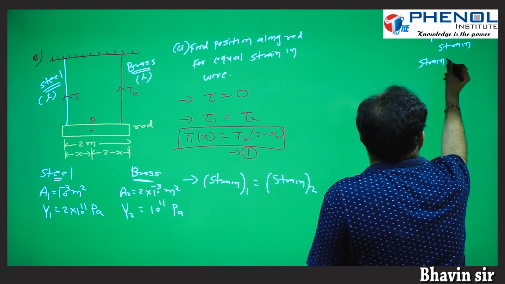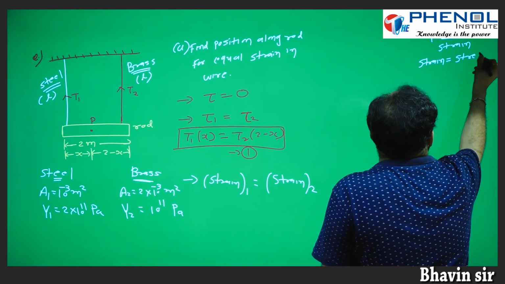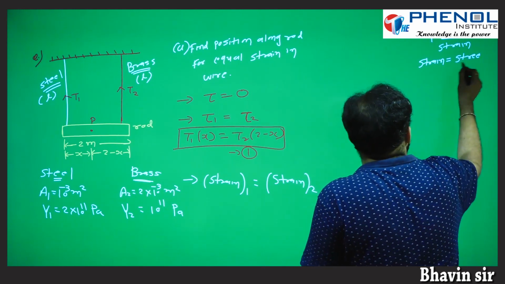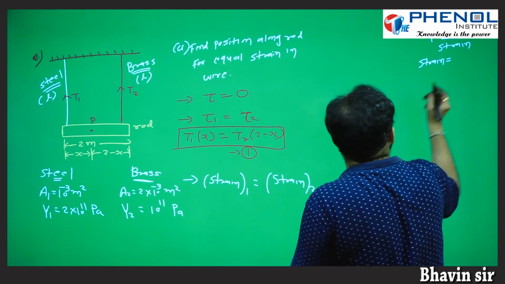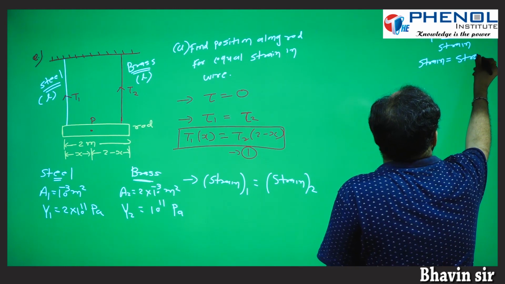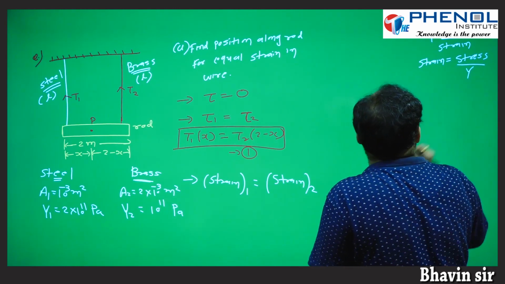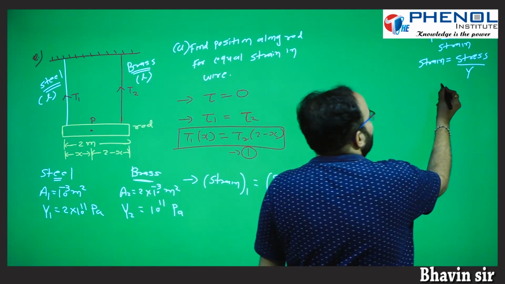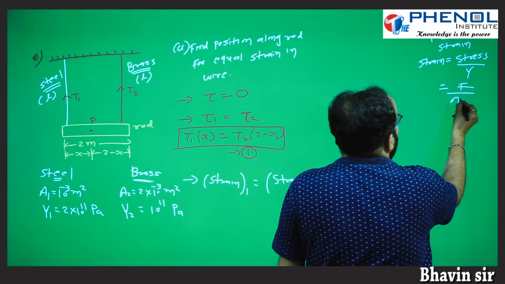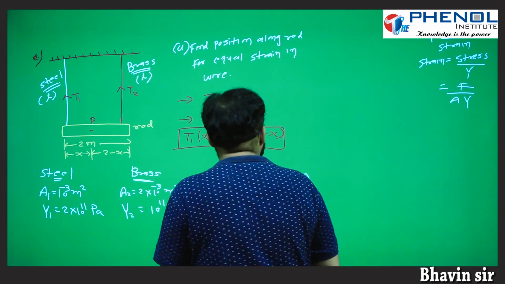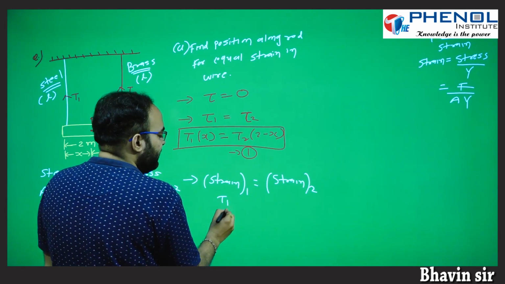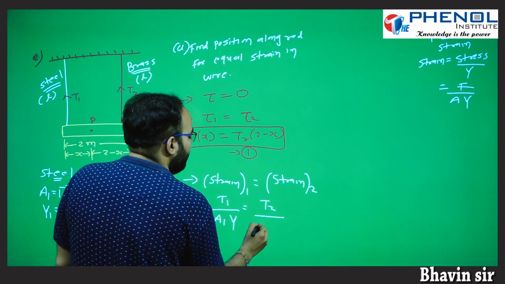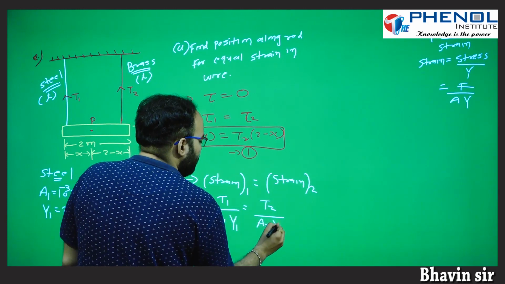So strain means stress upon Young modulus. Okay, and what is stress? Force by area, and here force means tension. So we write T1 A1 by Y1, T2 A2 by Y2.